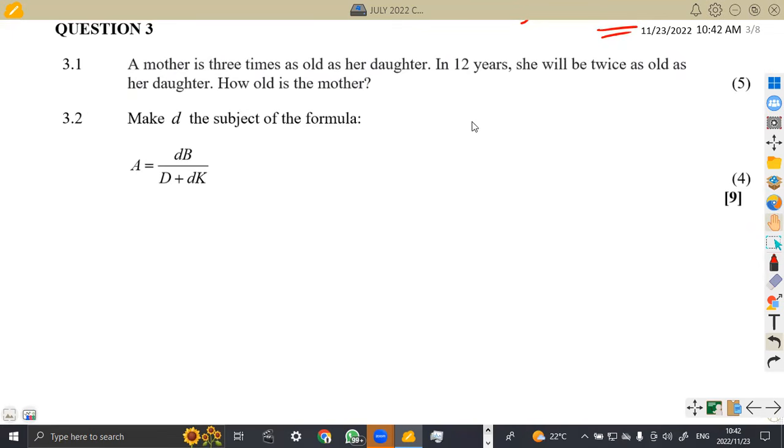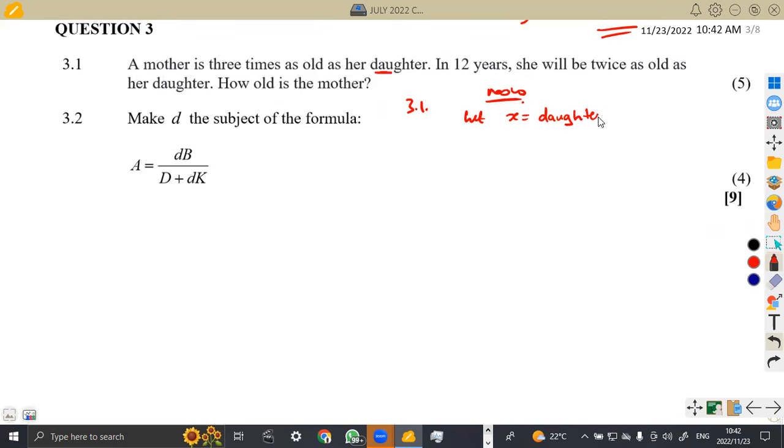So since we have got 2 conditions here, we are going to refer to the first one. This is 3.1. Here we are given the age of the mother in terms of her daughter's age. So let's refer now, what is the condition? For the daughter, we do not know her age, so we can just say let X be equal to the daughter's age.